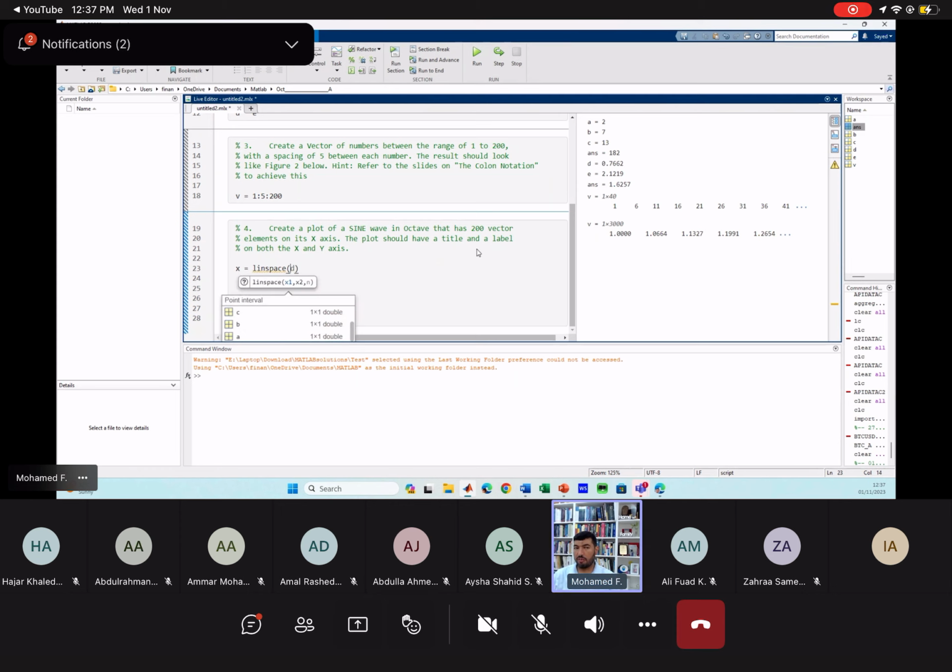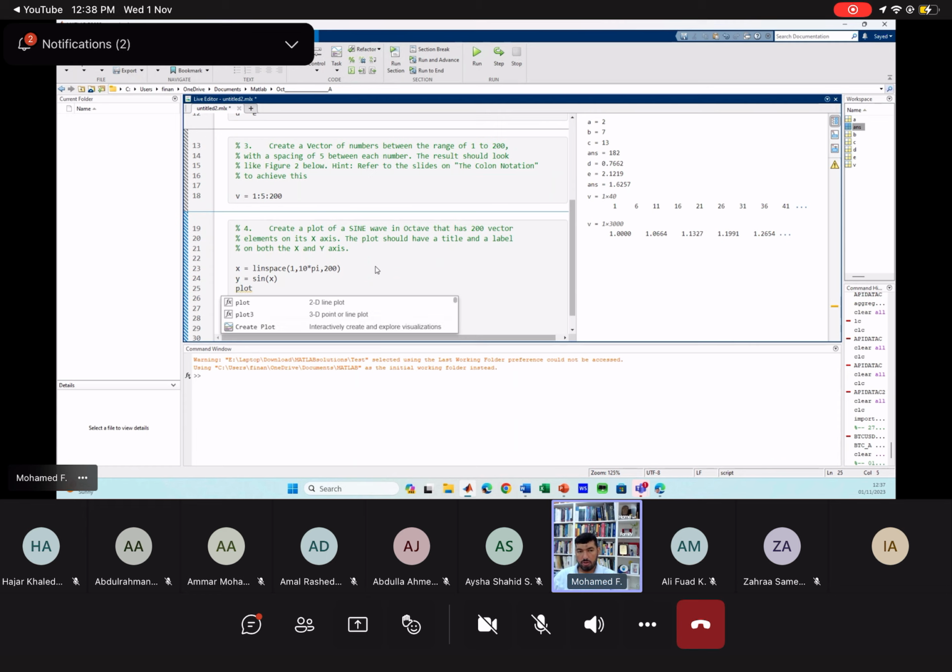He didn't ask us from where to where, so you can create any starting and ending point. Let me take it from 1 to 10 multiplied by pi. And the number of elements is 200, as he specified. Then y equals sine of x.